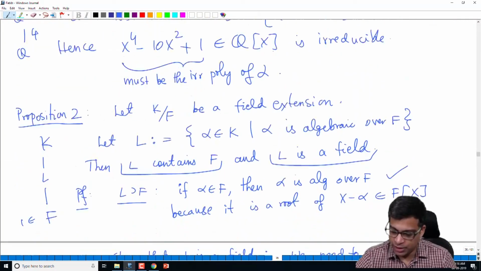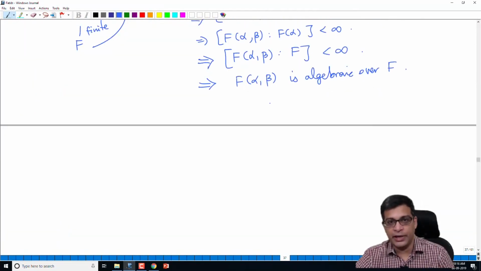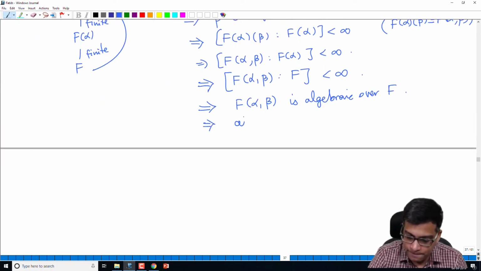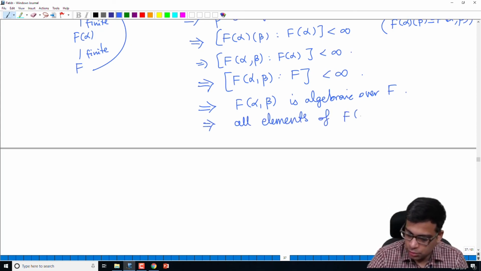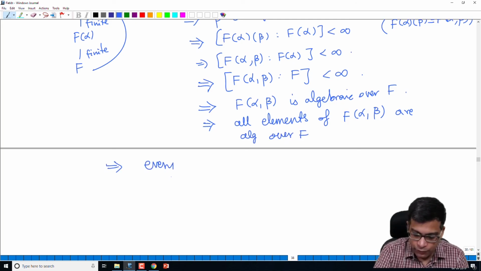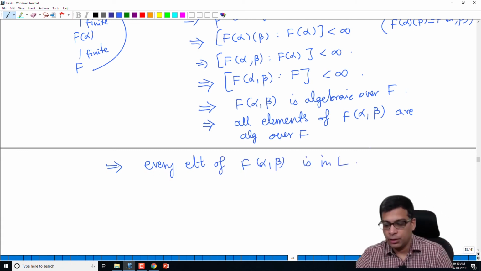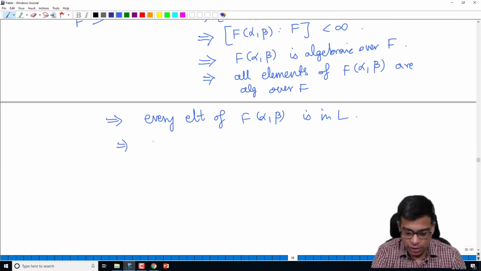So F(alpha, beta) is algebraic over F. That means in one shot you get that all elements of this are algebraic over F. That means every element of F(alpha, beta) is in L, right? In other words, F(alpha, beta) is contained in L.